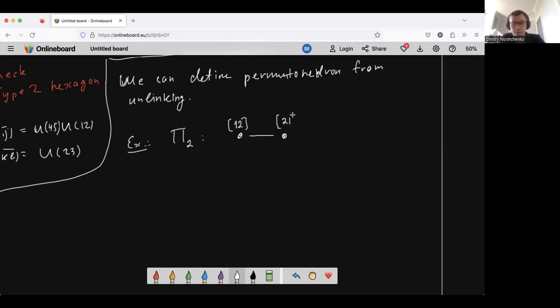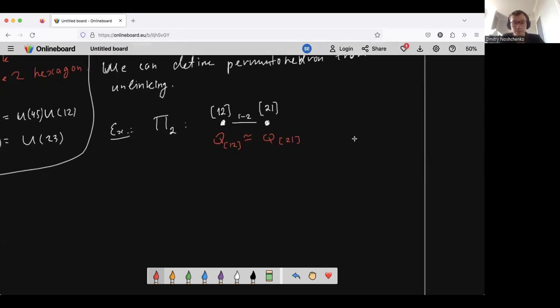For example, if you have a permutation 1, 2, so pi 2 essentially is a pair of nodes connected by an edge. And now we want some quivers. Here we want Q, which we label essentially by these tuples of integers. So here we want Q1,2, here we want Q2,1, and we want them to be equivalent.